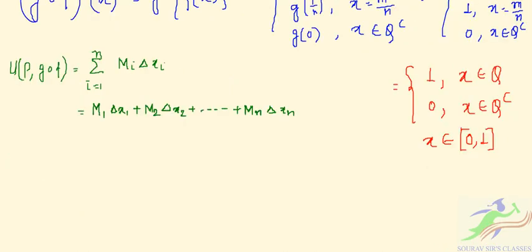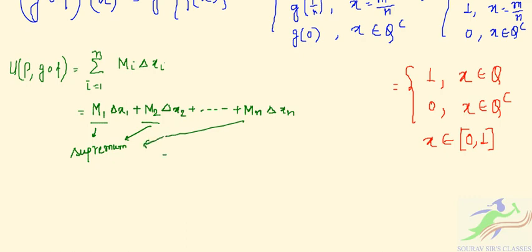Now this M1 is the supremum value. What is the supremum value? It is 1 over here, the upper bound. So for every M1, M2, up to Mn, this one is also the supremum.